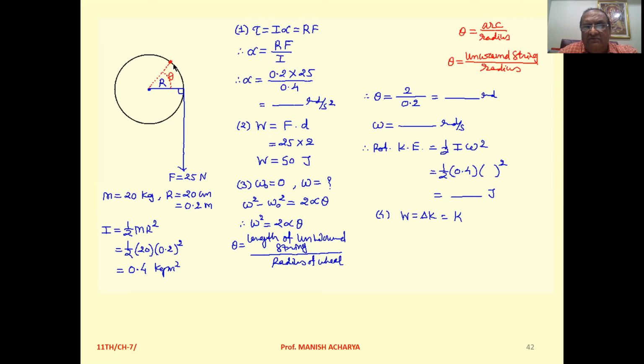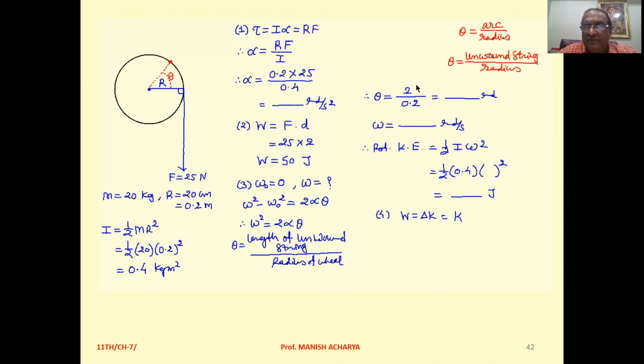At that time, we can say the length of the arc that will be unwound equals the string. Now arc is angle into radius, so angle is arc upon radius. But arc is exactly equal to unwound string. So we can write theta equal to length of unwound string upon radius of the wheel.